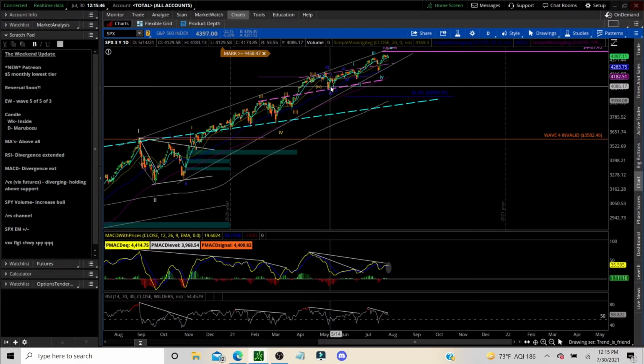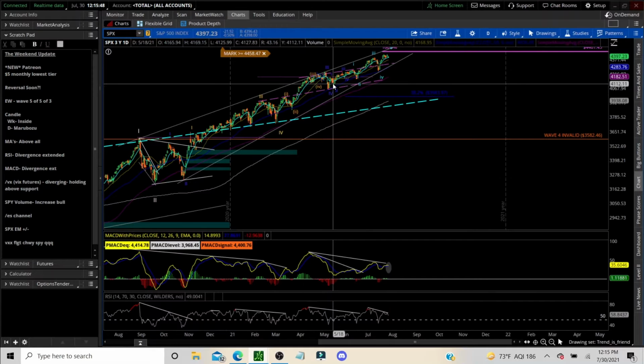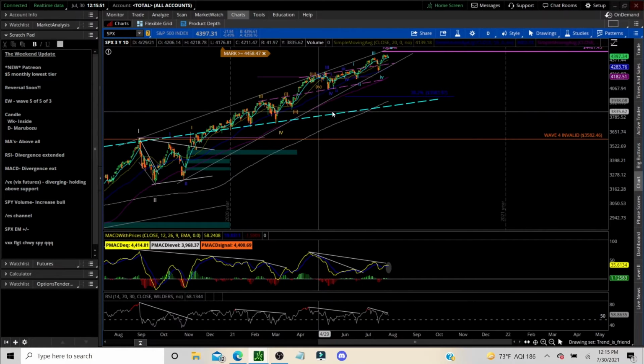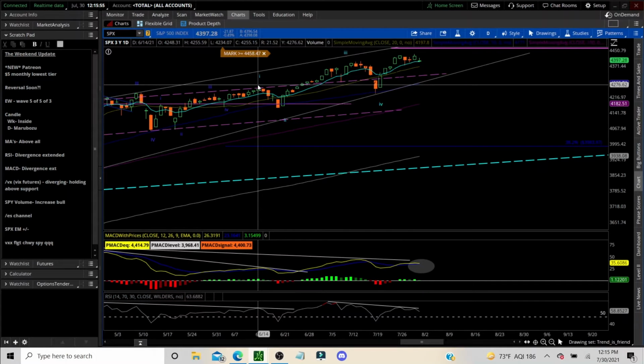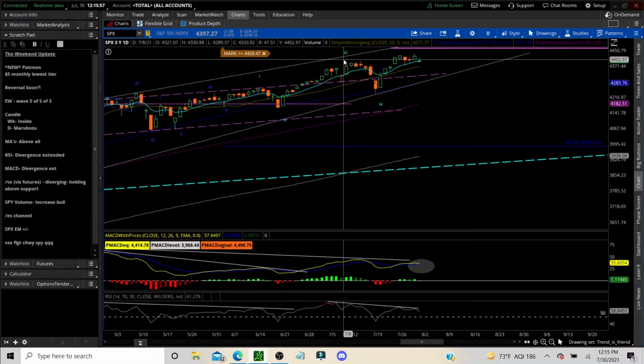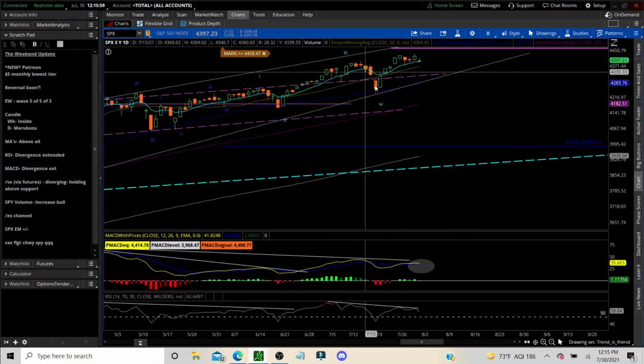When we have an ending diagonal, an expanding diagonal, what does that say? That says wave one has to be smaller than wave three, and wave three has to be smaller than wave five. So what did we do?